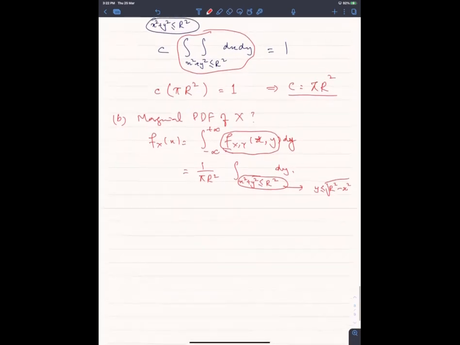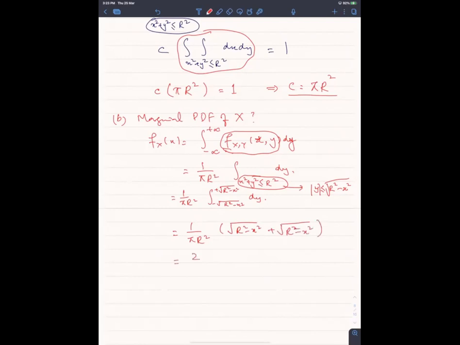Okay, so magnitude of y. So this would be equal to 1 over pi r square integral minus root of r square minus x square to plus root of r square minus x square dy, which is equal to 1 over pi r square into root of r square minus x square plus root of r square minus x square.